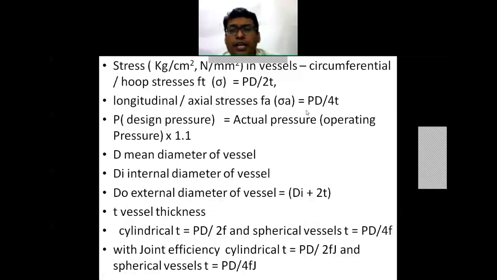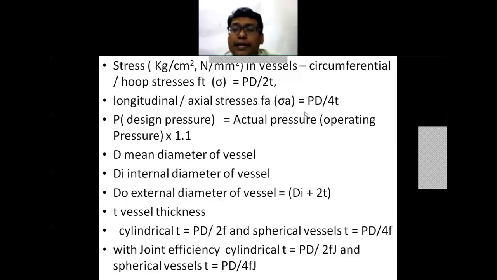So whatever the pressure that is given in the numericals, we have to first check whether it's the actual pressure or the operating pressure that is mentioned. If it is mentioned as the operating pressure, then we have to multiply it by 1.1 to obtain the design pressure. Or else some numericals will already give the design pressure. Then we are not going to multiply it with the 1.1.